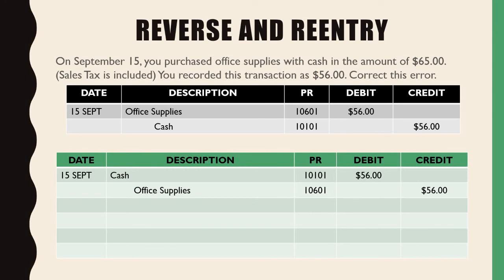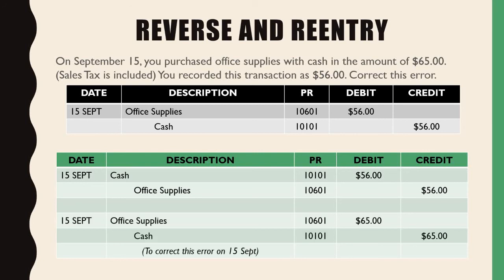Then what I'm going to do is go back and repurchase those office supplies. But this time, I'm going to journalize it for the correct amount. So in this case, I purchased my office supplies for $65 and I spent $65 of my cash.